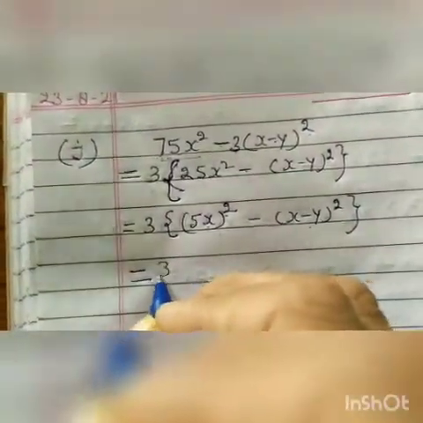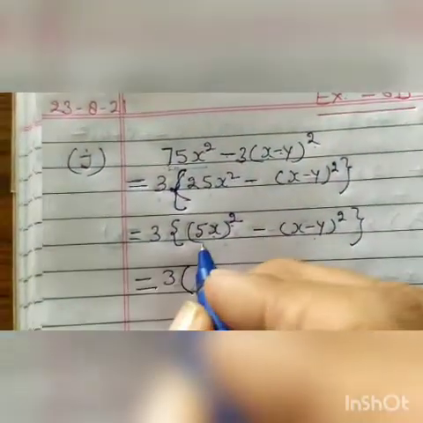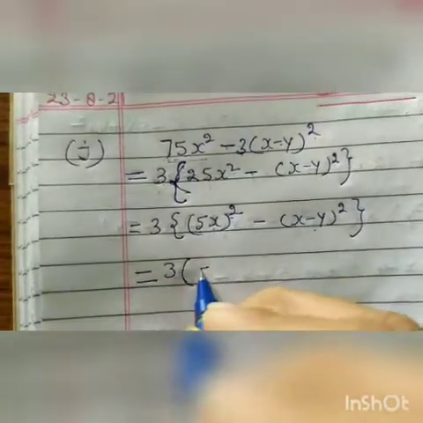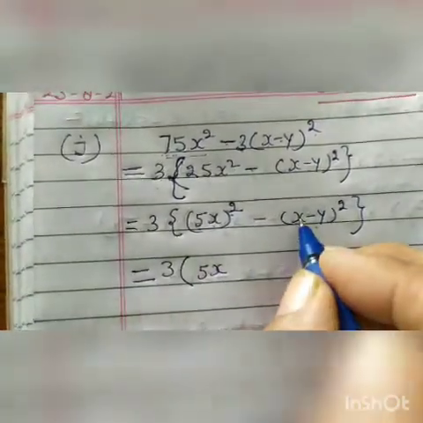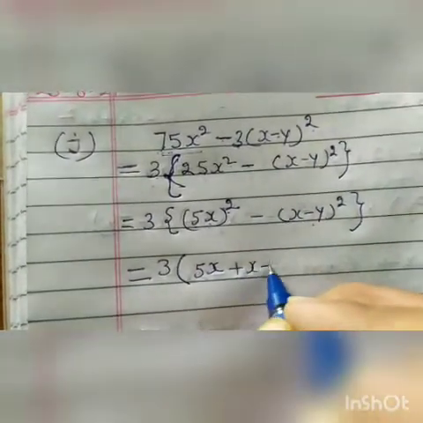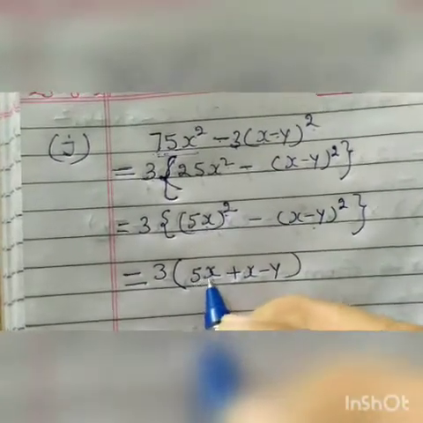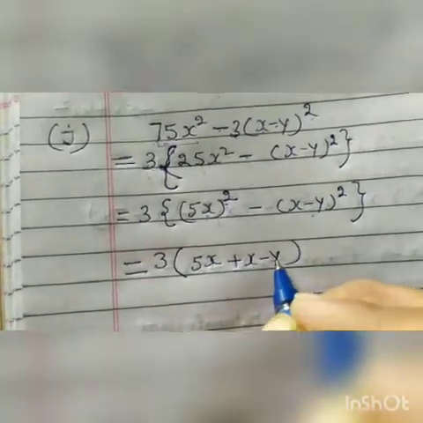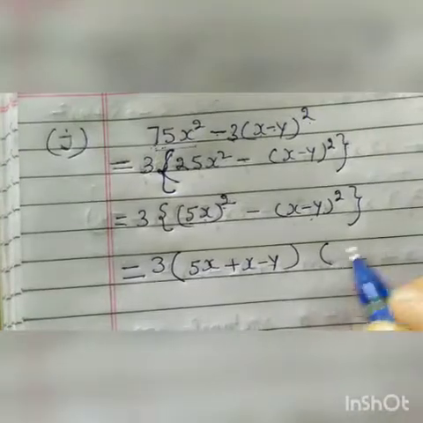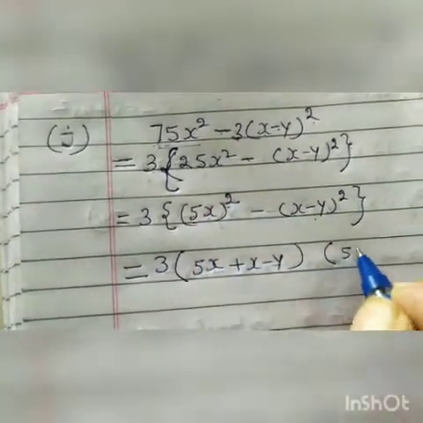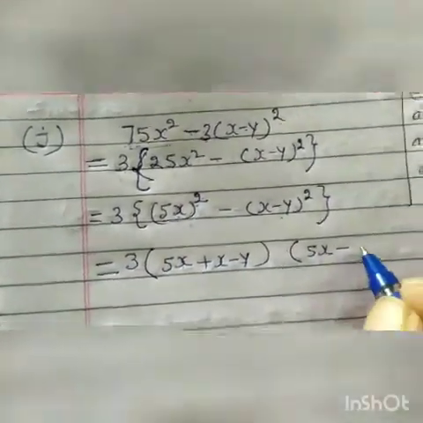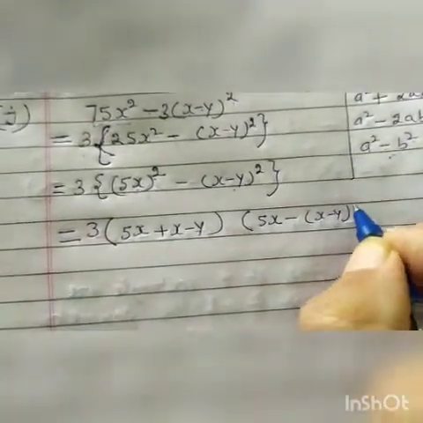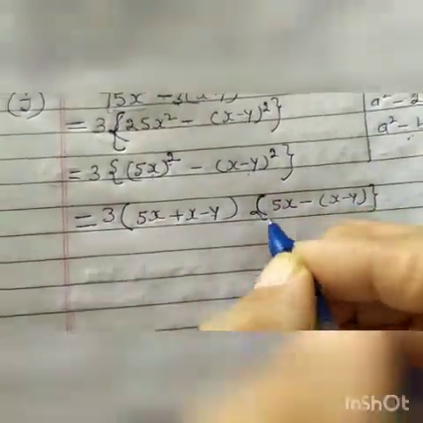So this 3 will be written as it is. First a plus b. A is this 5x and b is x minus y, plus x minus y. So it is a plus b. Now in the second bracket, a minus b. A is 5x minus b. B is x minus y. We will write like this.